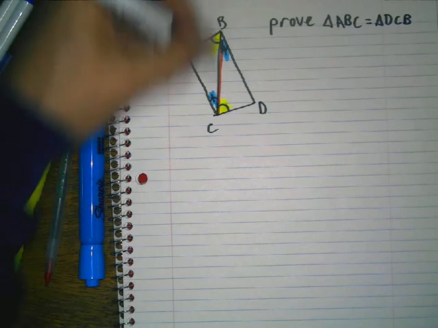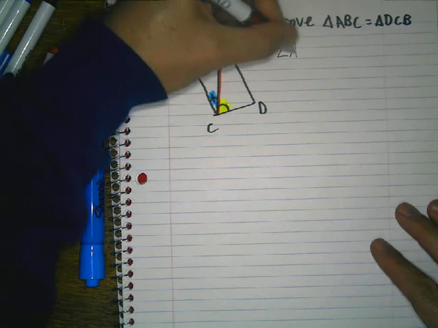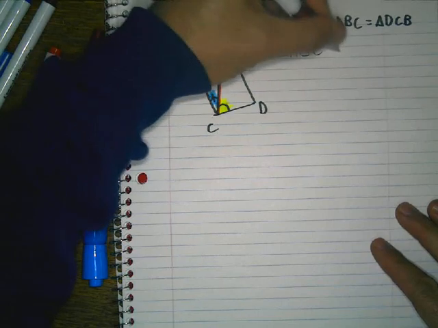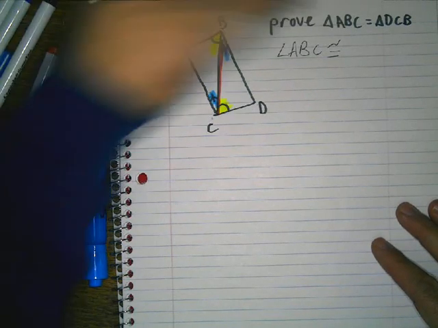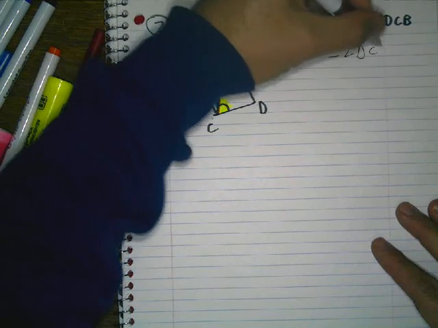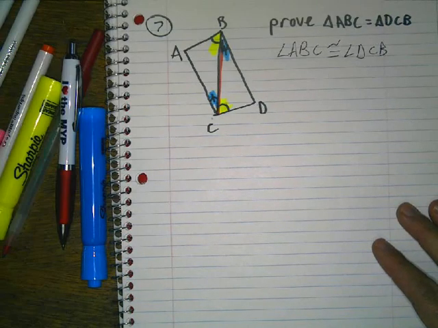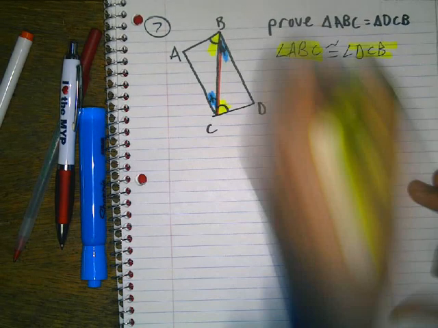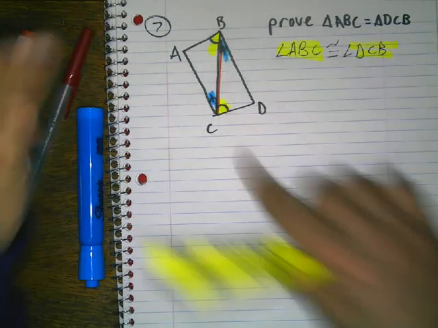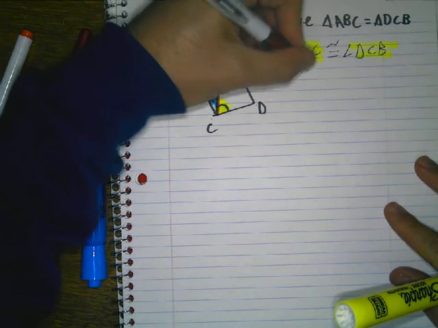Angle ABC is congruent to angle DCB. And what's the reason? It's given. It's already marked.